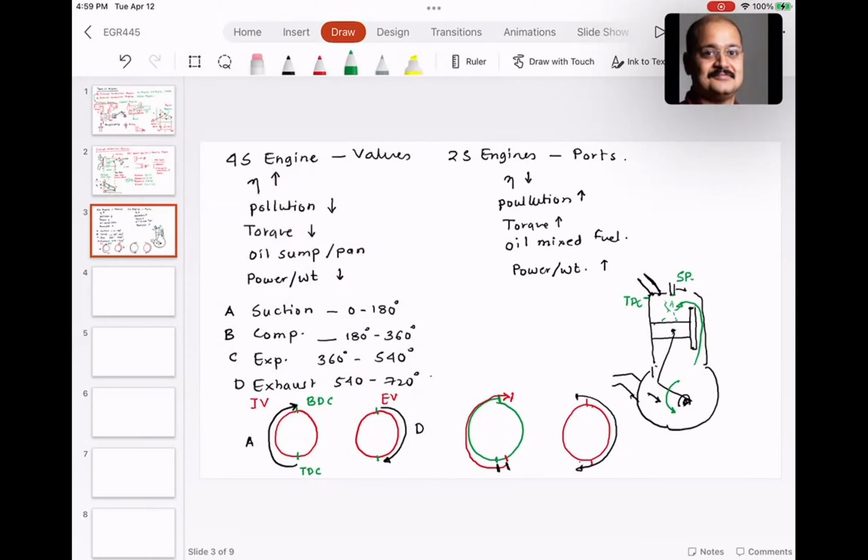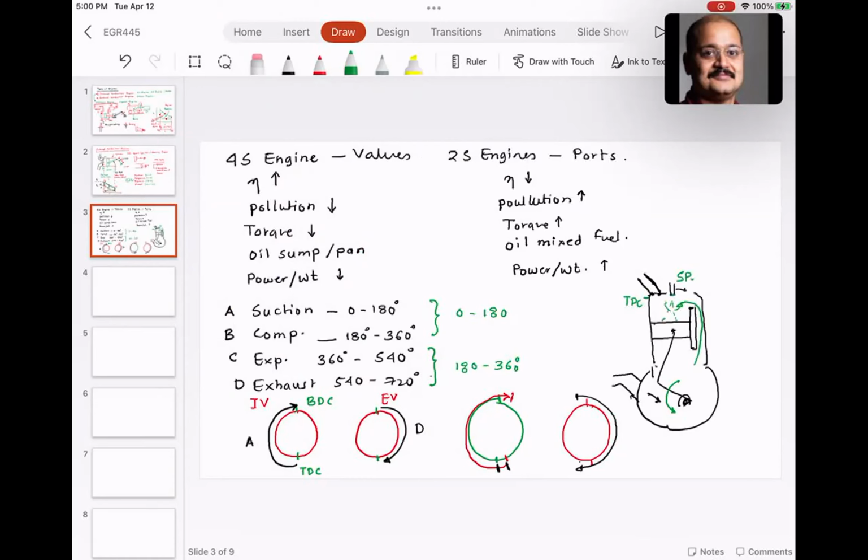So what is happening is as one stroke is happening above the piston, the other stroke is happening below the piston, which means these two strokes get combined, these two strokes get combined. That's why in 0 to 180 degrees, you have two strokes happening, and 180 to 360 degrees, other strokes happening.